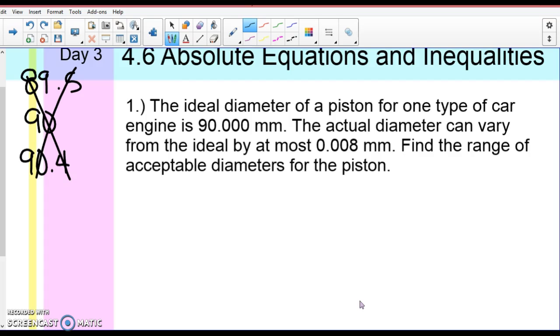What inequality would you use for at most? Now, they're saying the ideal is 90.000. It can vary by at most this amount. Find the range of acceptable diameters. Do we know what the acceptable diameters are? No. So let x equal acceptable.